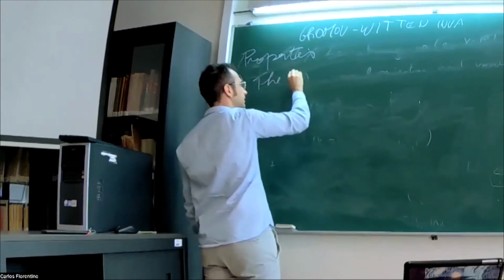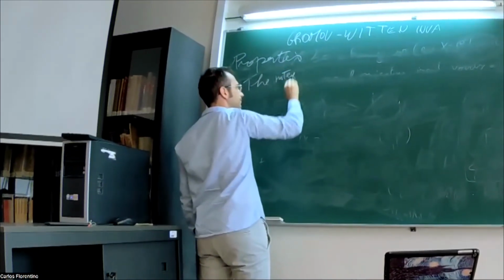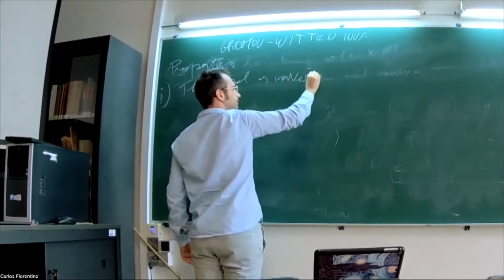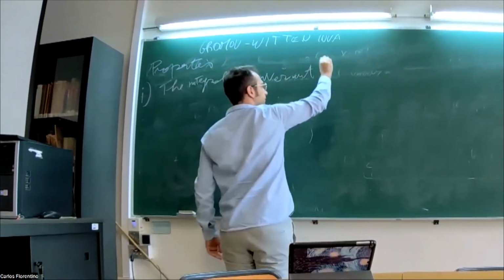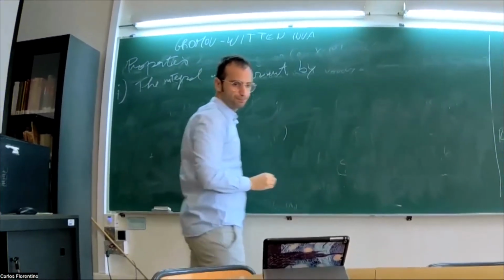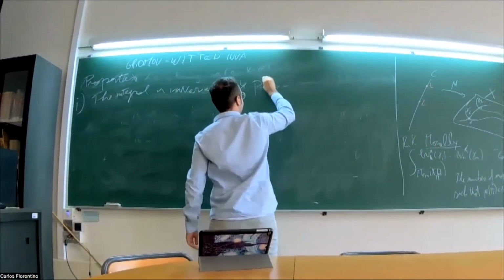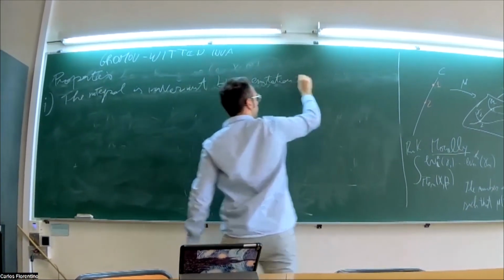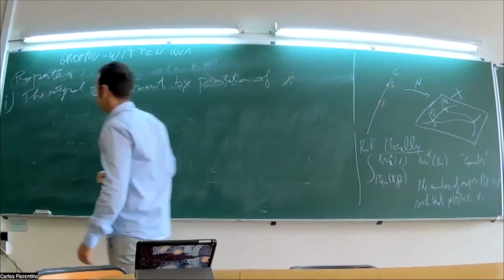The Gromov-Witten invariant is invariant by permutation of the gammas.